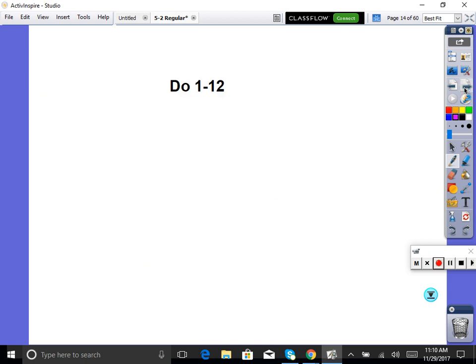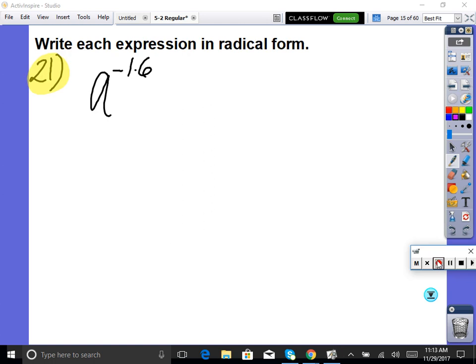All right, do 1 through 12, quick, fast, and in a jiffy. Okay, this says we've got to read the instructions so we don't do extra stuff. It says write this in radical form. So remember, rational exponents are radicals, right? And radicals are rational exponents.